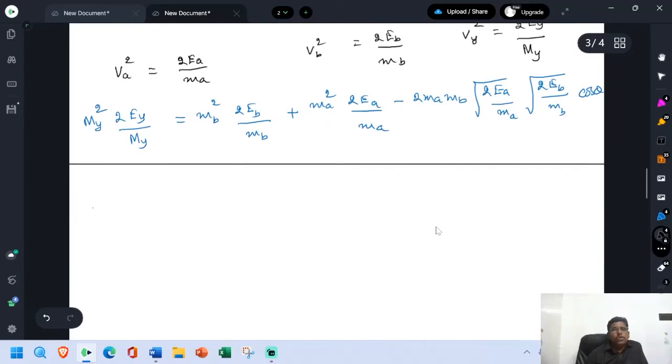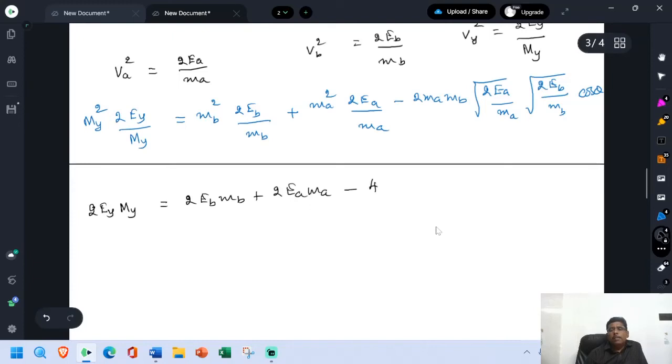Now we have to simplify this. This is 2 Ey My, which is equal to 2 Eb Mb plus 2 Ea Ma, and here root 2 into root 2 is 2 into 2, 4.